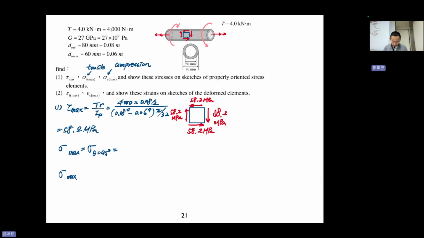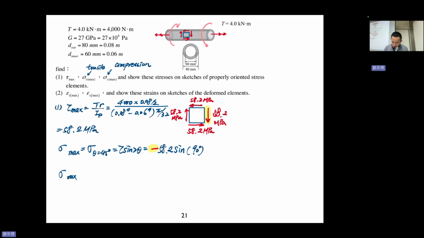All right, so tau sine 2 theta equals 58.2, minus. Be careful about this. The reason is that your tau at 0 degrees is minus. So we need to be careful, and sine 90 degrees.